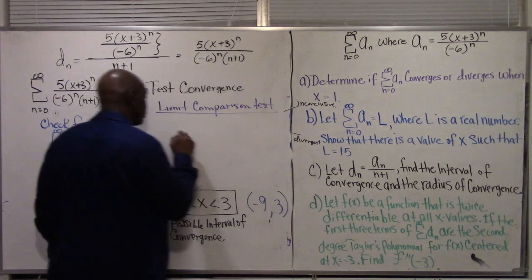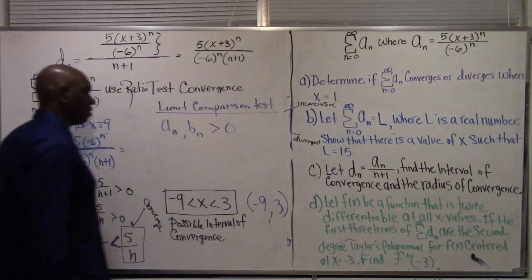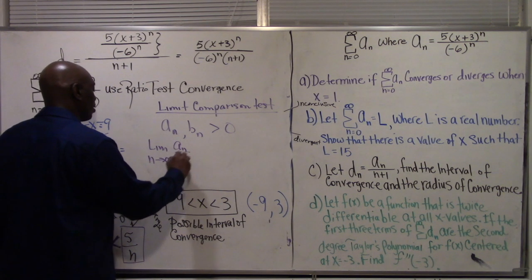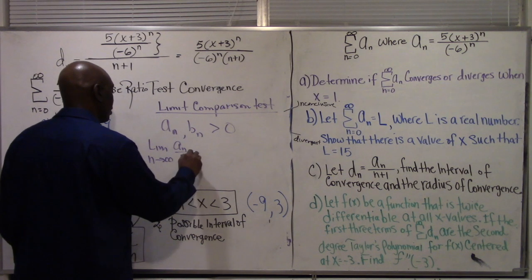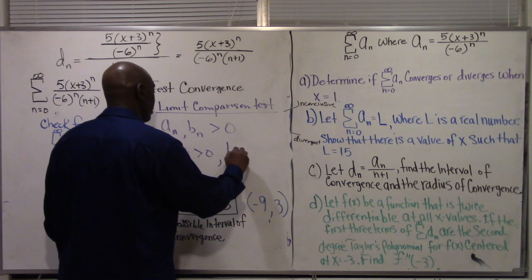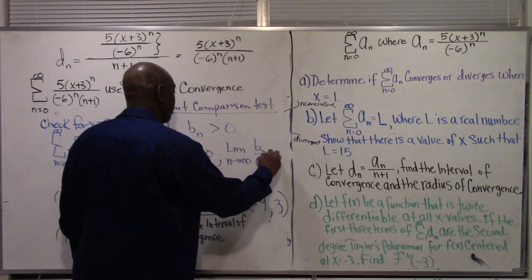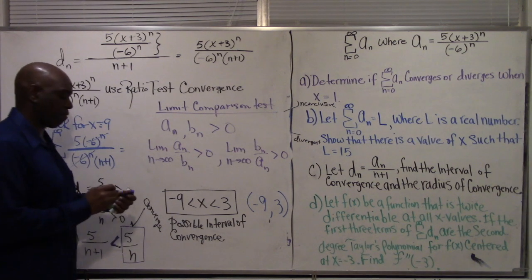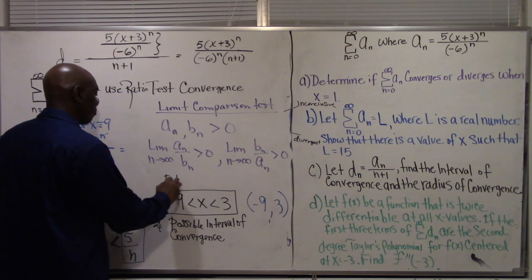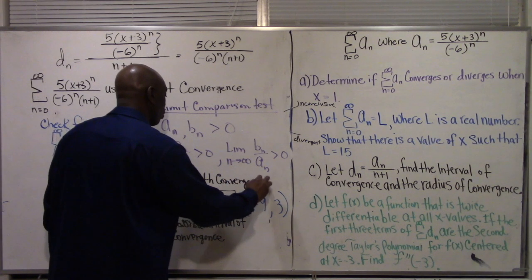It says if an and bn both are positive, then the limit as n goes to infinity of an over bn, or the limit as n goes to infinity of bn divided by an, doesn't matter, if it's greater than 0, then what? Either both converge or both diverge.